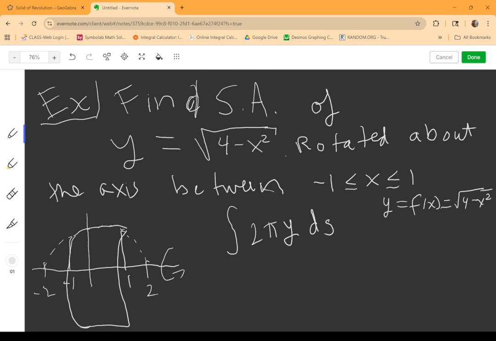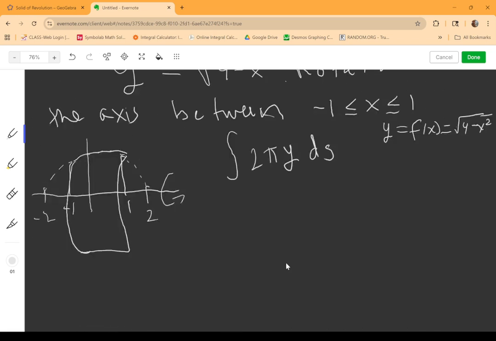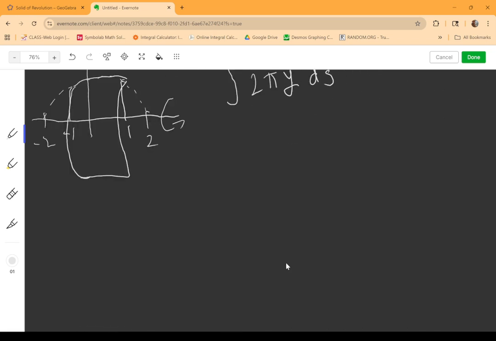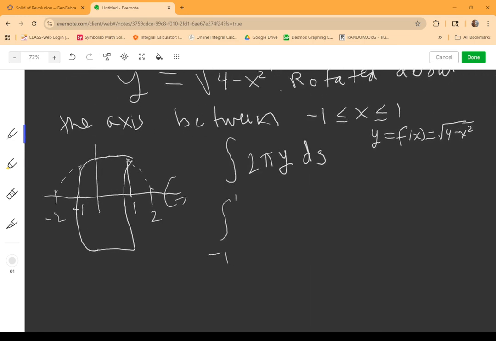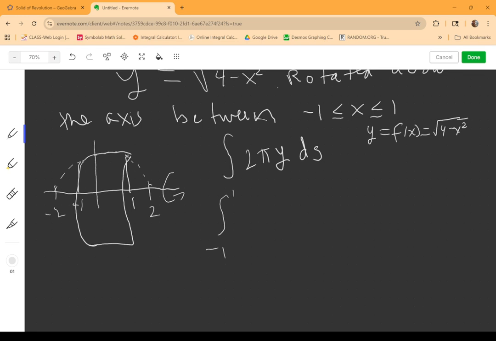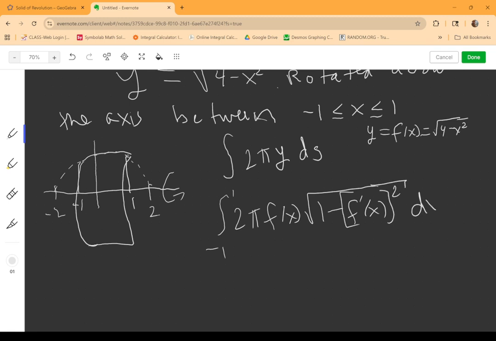So my formula is going to come down to evaluating the following integral: the integral from -1 to 1 of 2 pi f of x square root of 1 plus f prime of x squared dx.